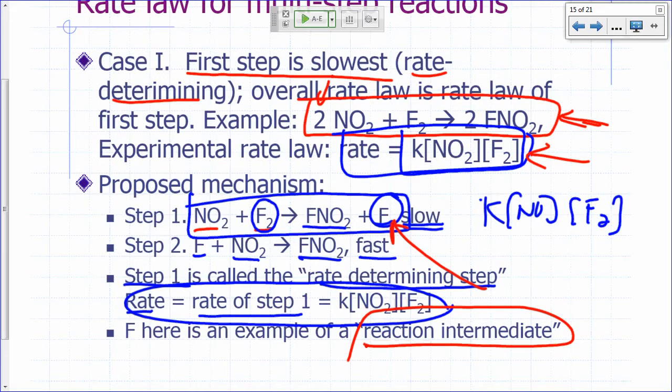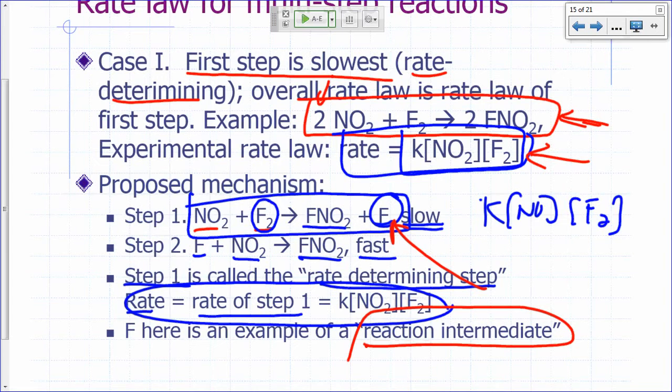How long does it take to put a cooked patty in the bun? 2 seconds. How long does it take to grill your meat? Several minutes, 30 minutes. It depends on whether you want it well done or rare, right? But it takes longer to cook the patty. So step 1 is very slow.